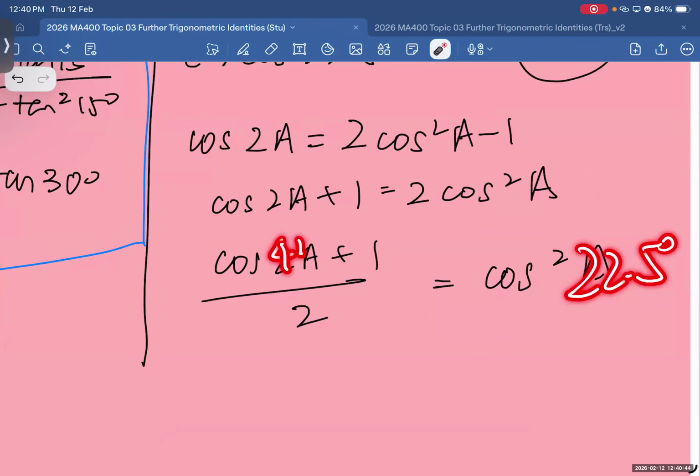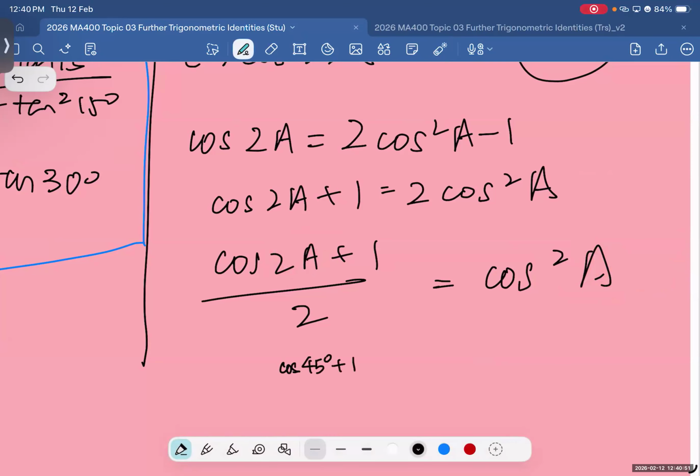That is why cosine 45 plus 1 over 2 is cosine square 22.5 degrees.